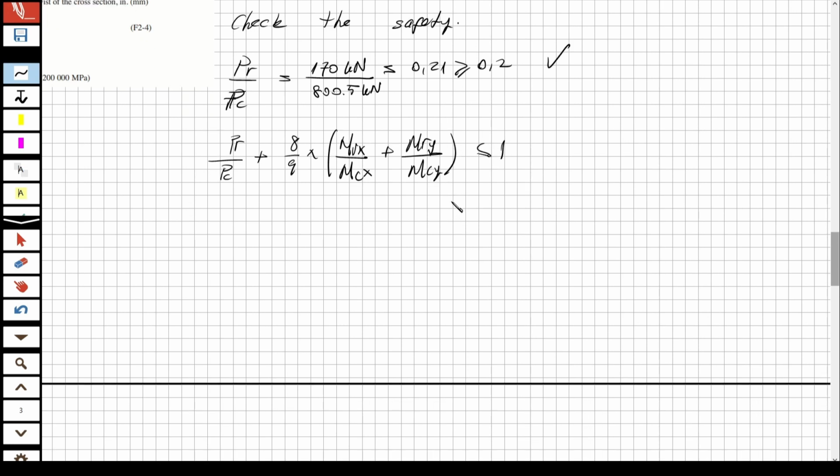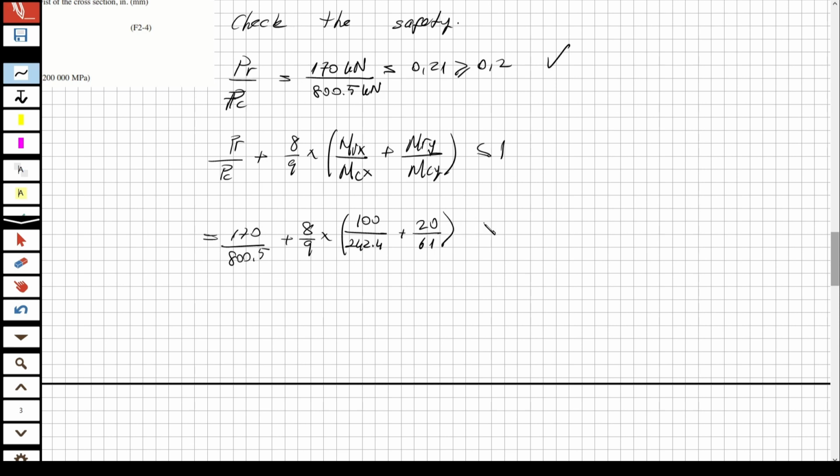So let's write it. 170 over 800.5 plus 8 over 9 multiplied by 100 over 242.4 and plus 20 over 61.